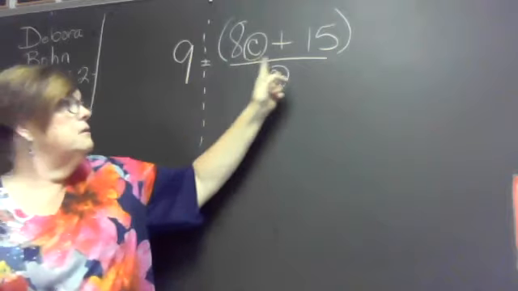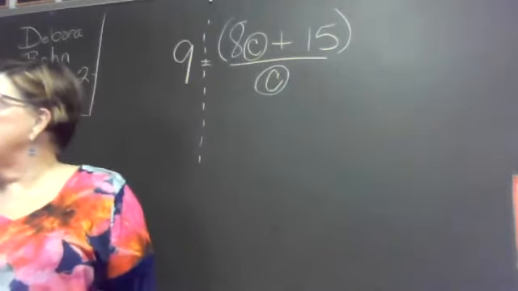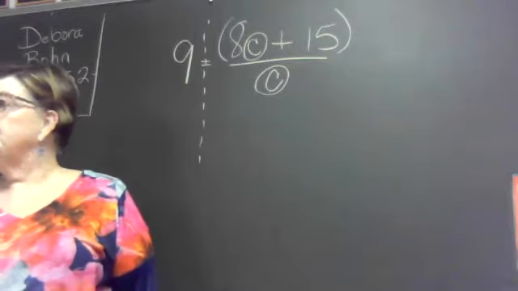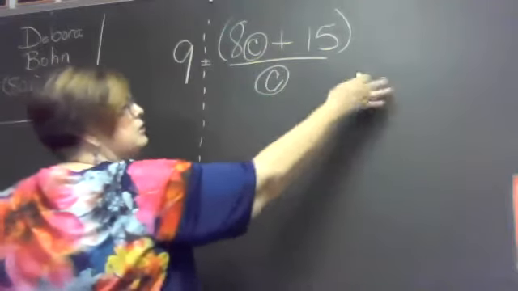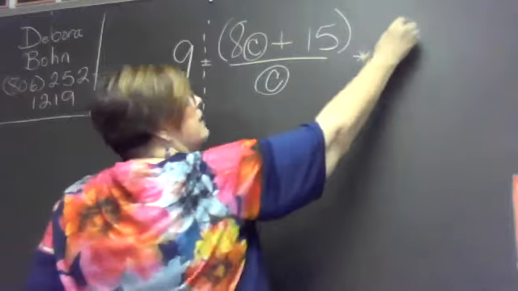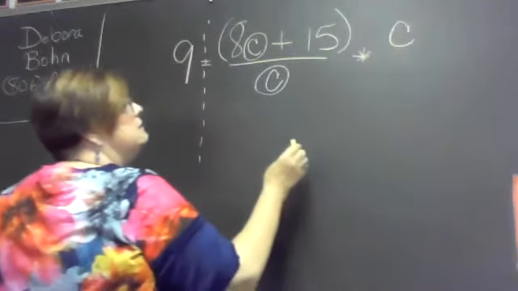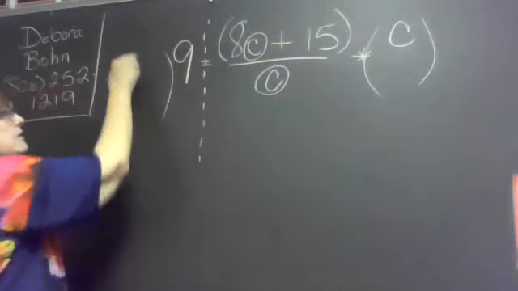So the mathematical operation is divide, and how do we undo divide? Multiply. We found out when we deal with fractions, the multiply out here is easier to do. So we're going to multiply by C. And if we do that to this side, then we have to do it to this side.